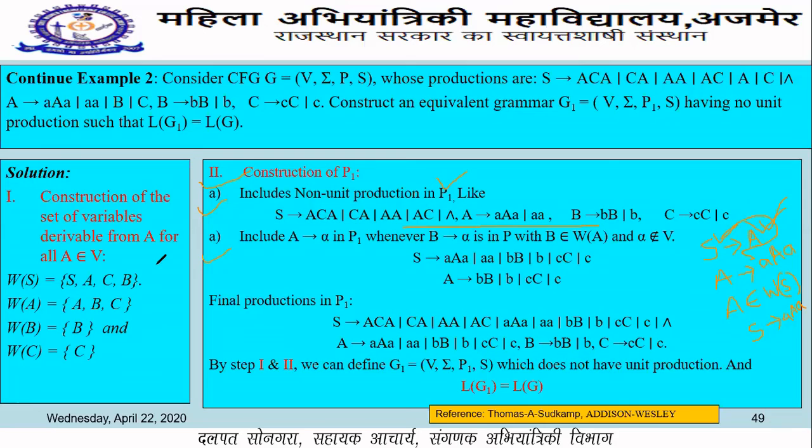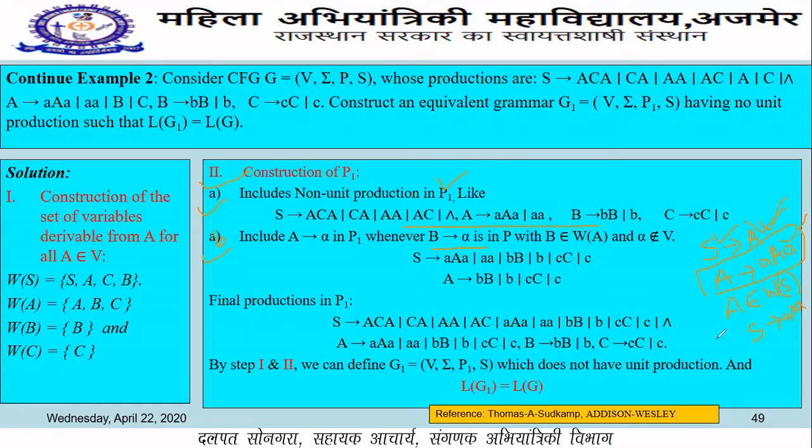So this is step B of the second step. Look at the form B tends to alpha, where this B belongs to W of S, and this alpha is not a single variable.